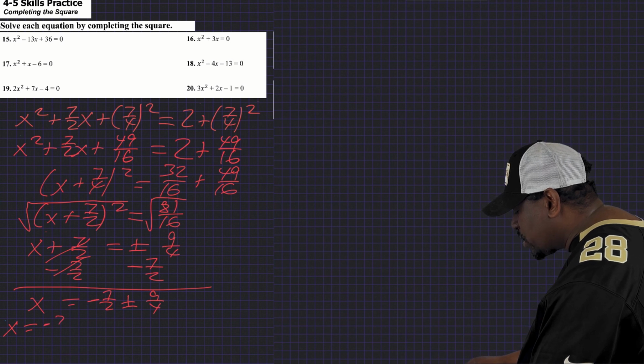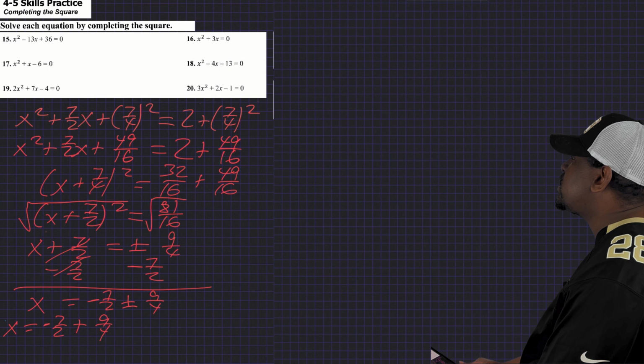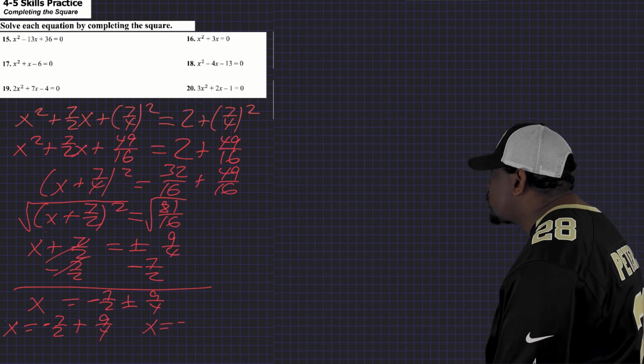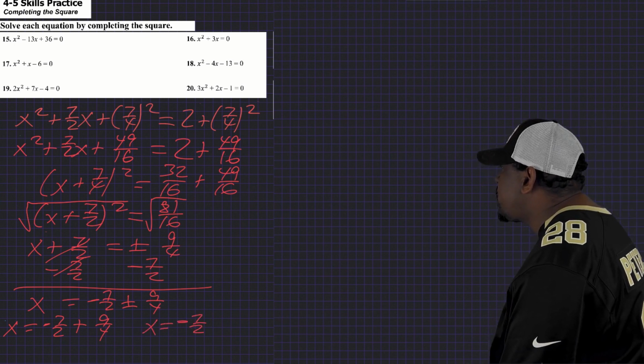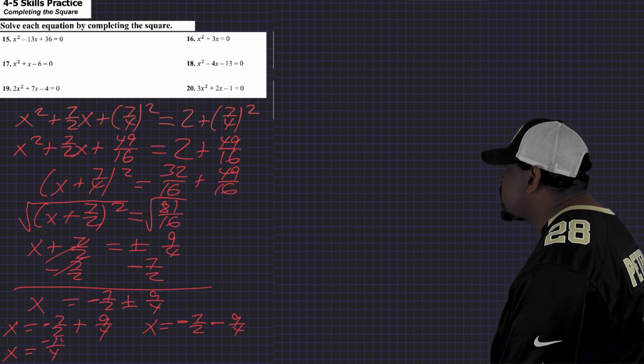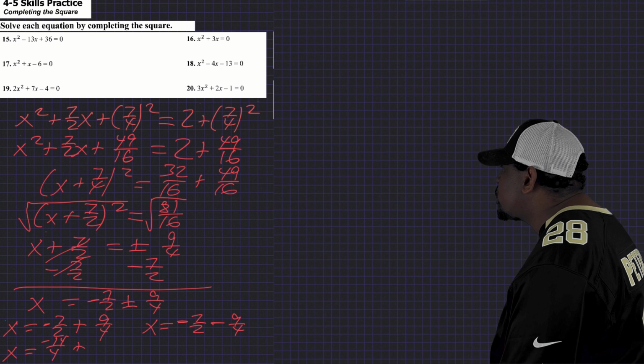We create two equations from that: negative 7/2 plus 9/4, and negative 7/2 minus 9/4. Now again, since the denominators are different, we have to get a least common denominator, which will be 4, and we will put negative 14/4 plus 9/4.